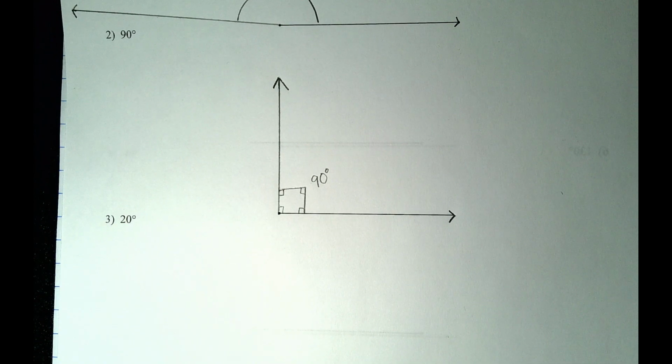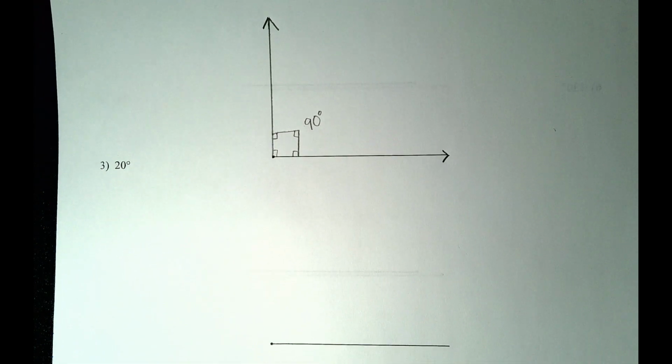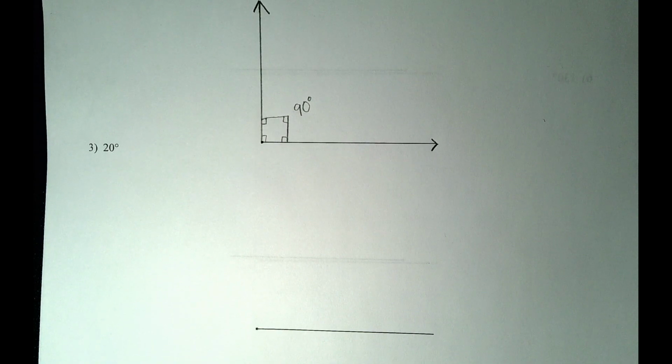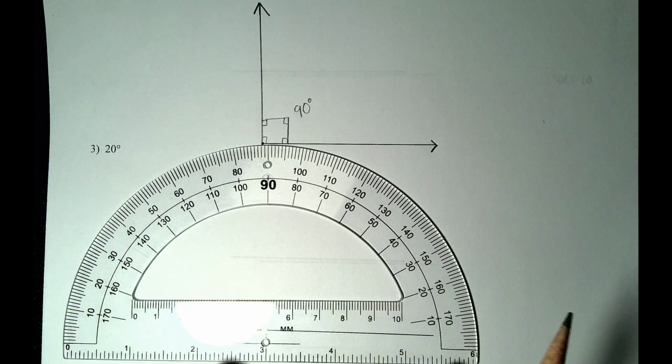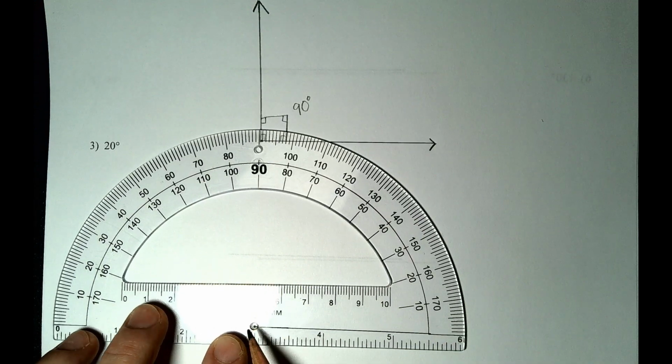Okay, and then I'm going to show you one more, and then I want you to try a few by yourselves. So we're going to look at number 3, that's 20 degrees. I'm going to line up my protractor with the circle, the hole right there.